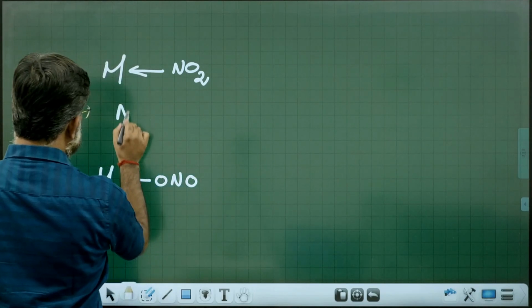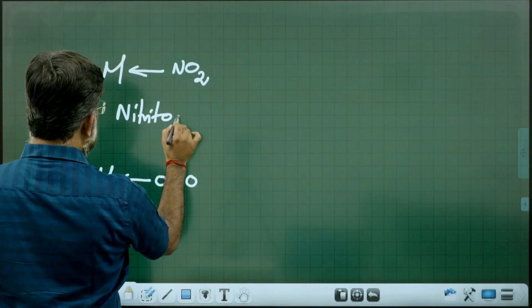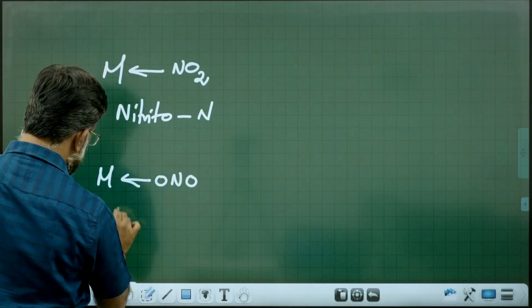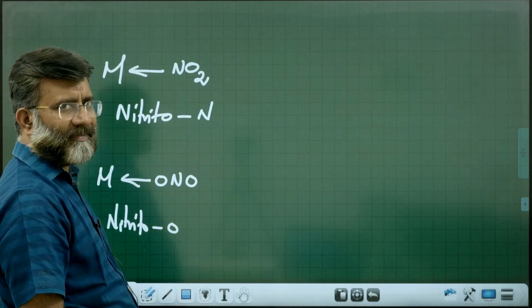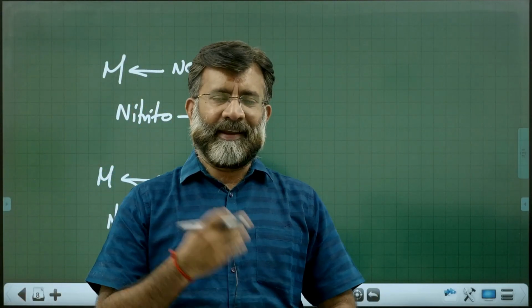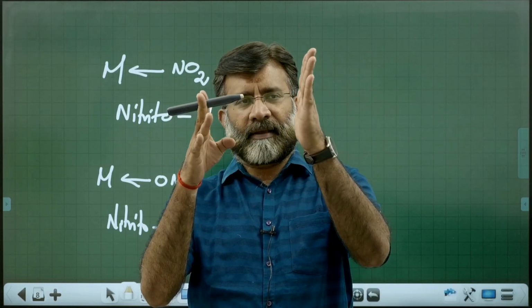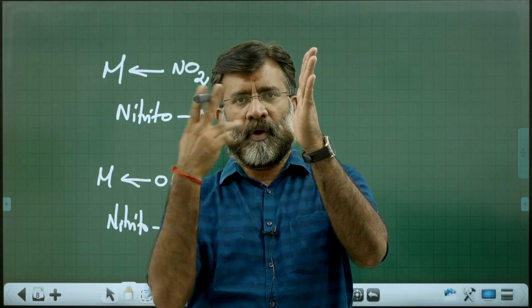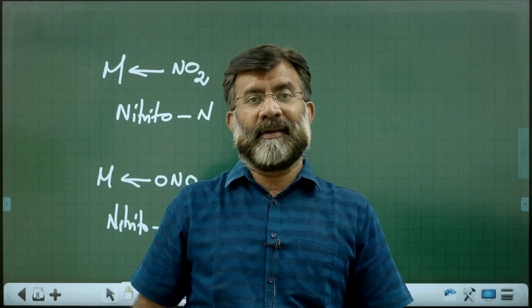We call it nitrito-N. This we call nitrito-O. Nitrito-N, nitrogen getting connected. Nitrito-O, oxygen getting connected. We have a ligand which can connect either like this or like this. That is called the ambidentate ligand.